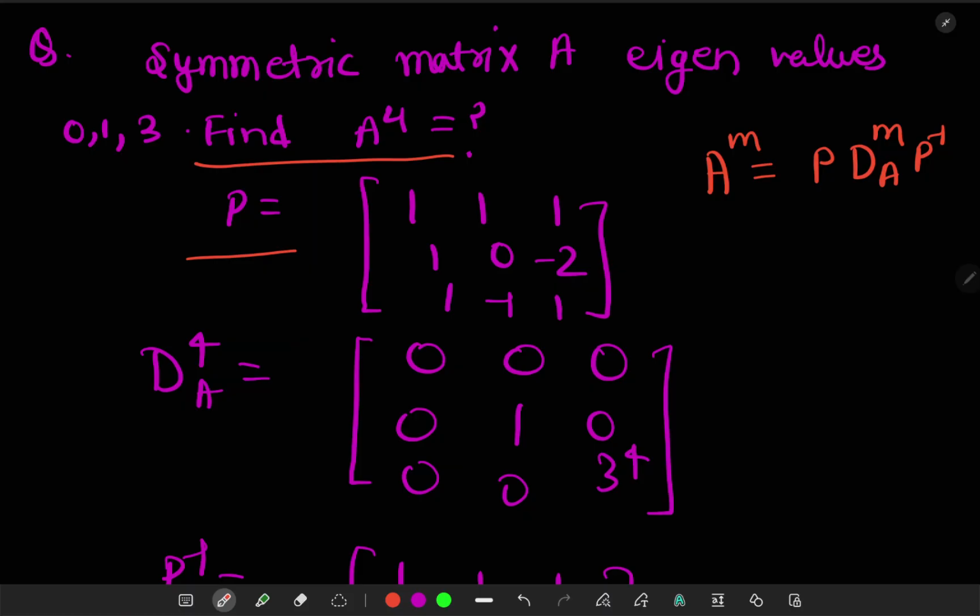Now we are using this identity for getting A raised to power 4. M is equal to 4, so this equation becomes this.